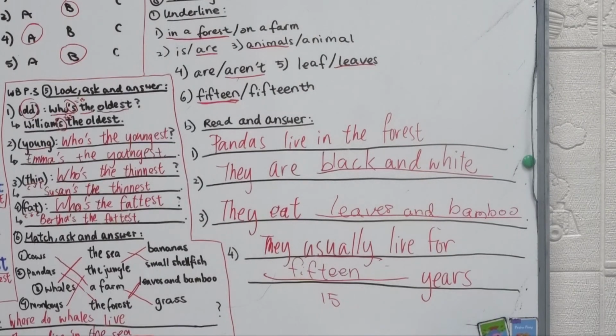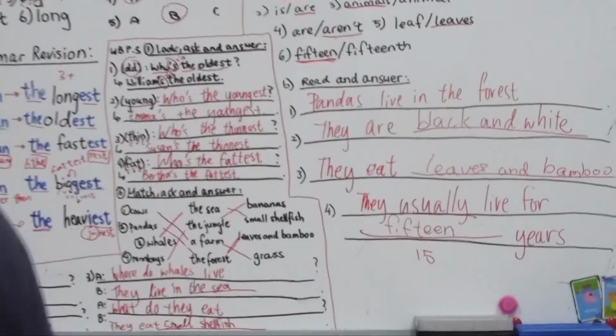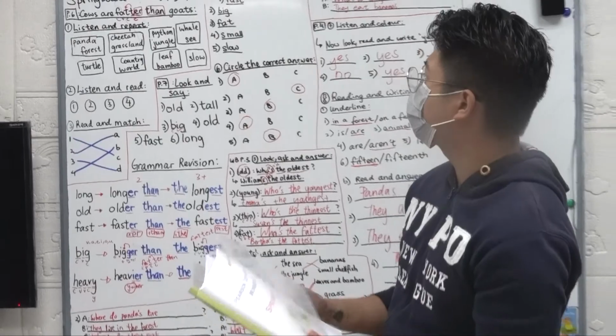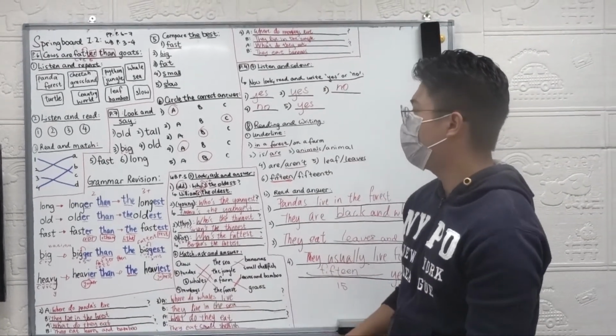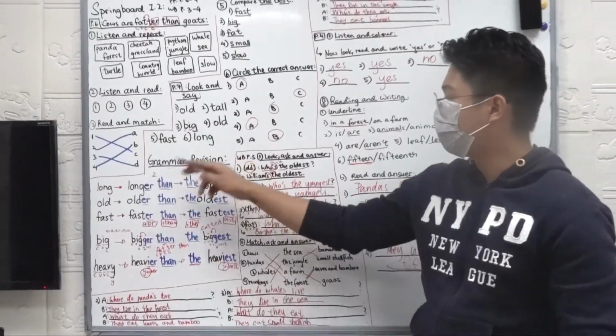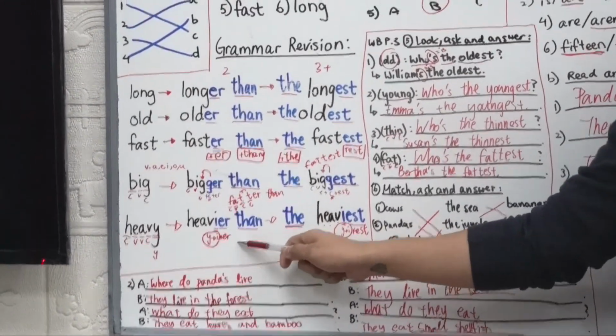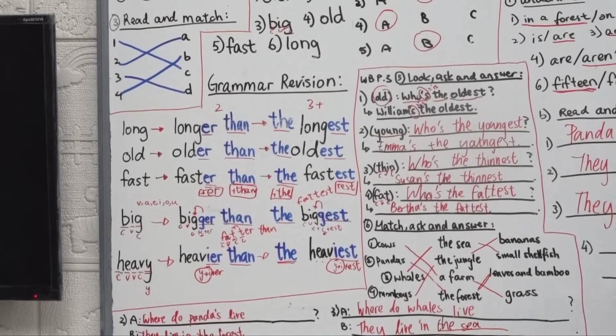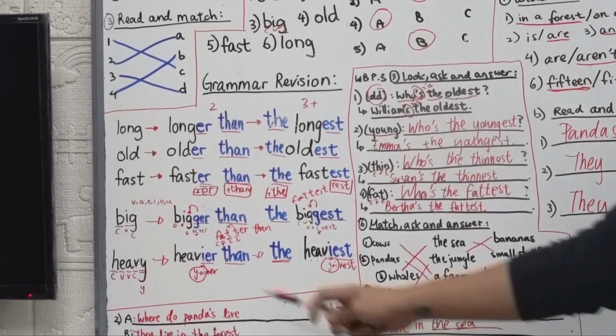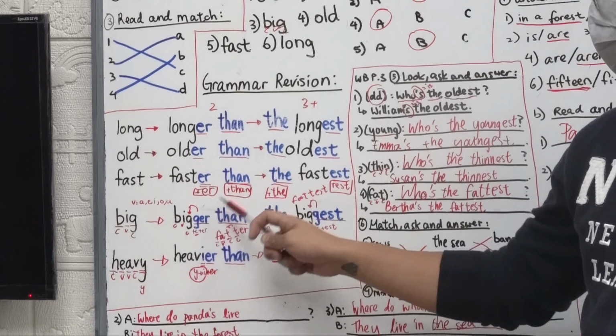Alright, everyone, okay? So this chapter, cows are fatter than goats. We learned about the grammar parts, right? These are the adjectives. Comparative is for two things or two people or two animals. ER then, ER then, ER then.